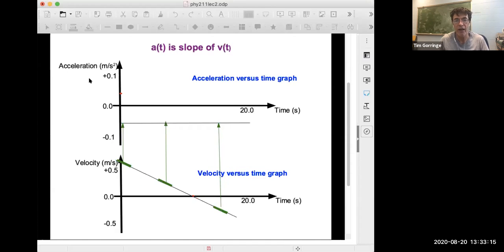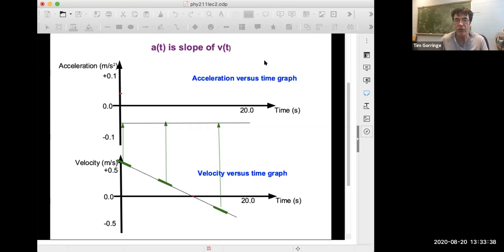Move on. And finally, in terms of introducing these quantities, not only is the velocity versus time graph related to the displacement versus time graph, but the acceleration versus time graph is related to the velocity versus time graph.